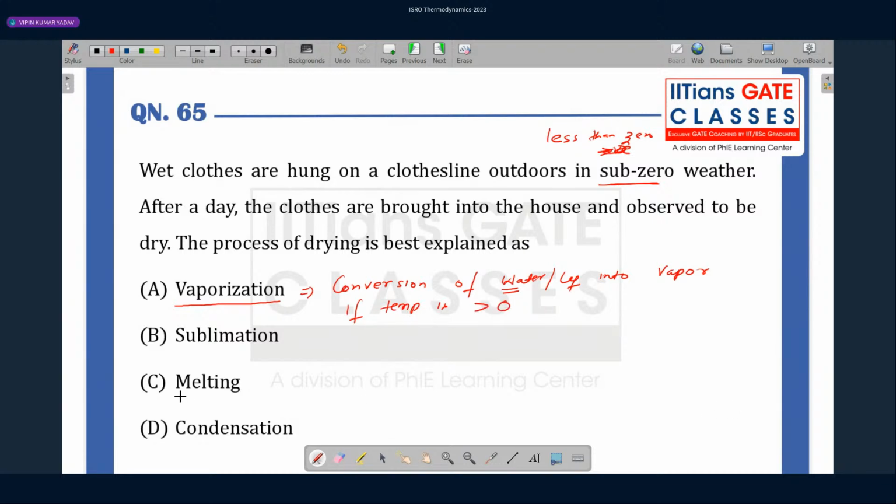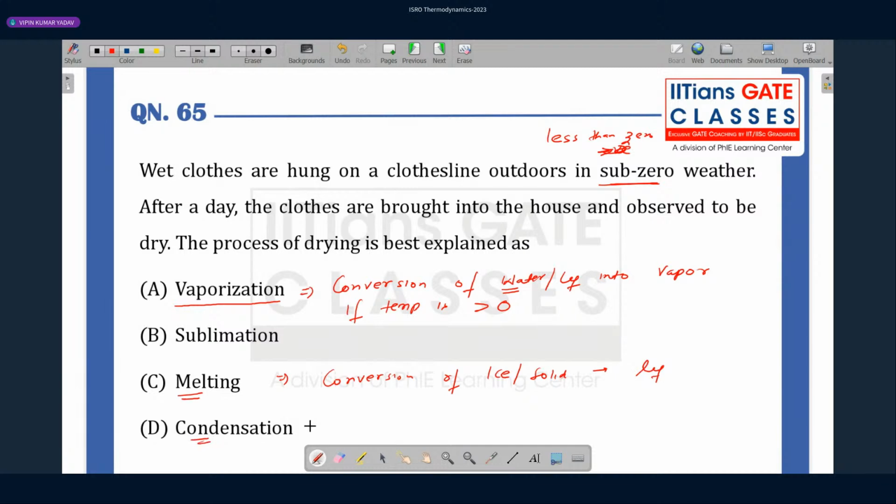Now melting. Melting happens when ice or solid converts into liquid. If it is converting to liquid, it is not helping us in drying our clothes.